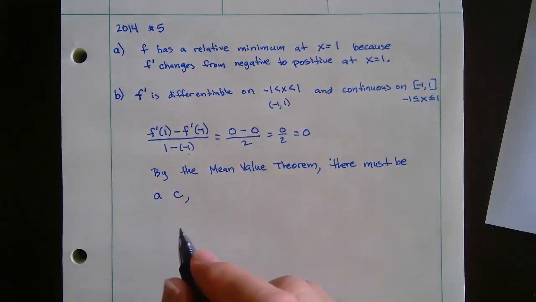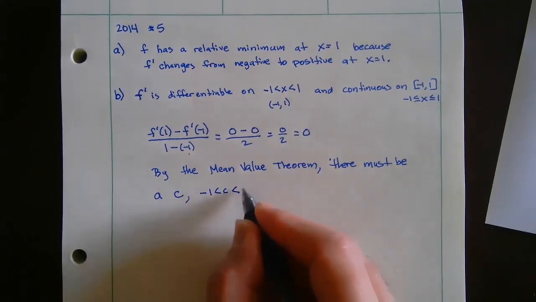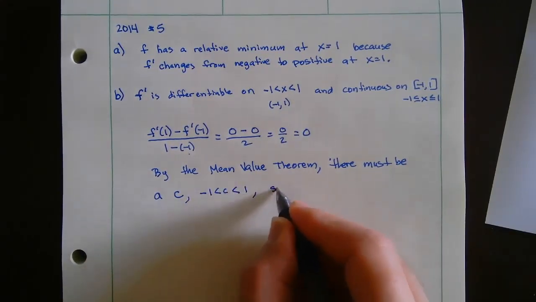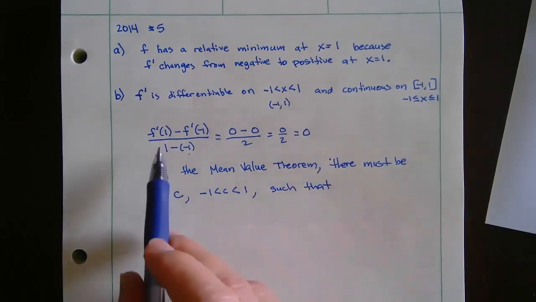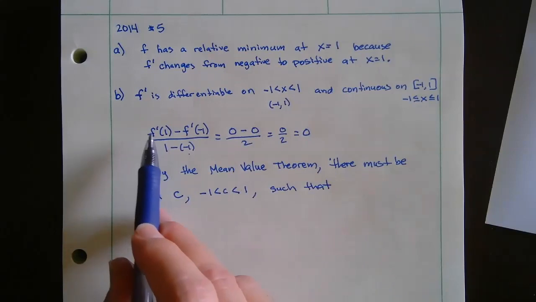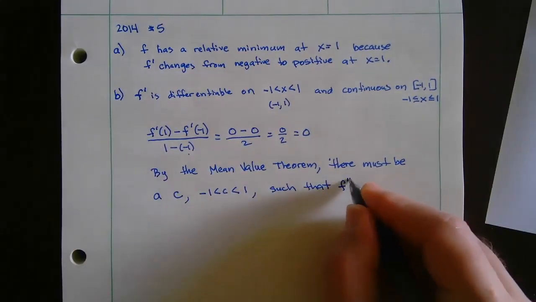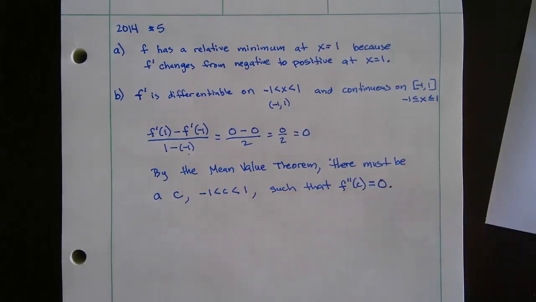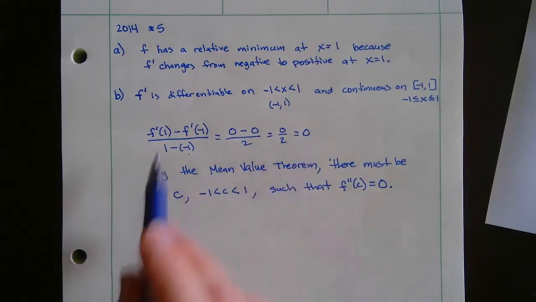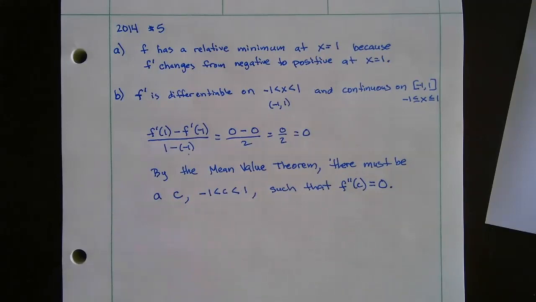Well, the C is between -1 and 1, right? -1 less than C less than 1, comma, such that, okay, so this is the average rate of the derivative of f prime would be f double prime. So such that f double prime of C must equal 0, okay? So one derivative away, it must exist, right? And it must be the same as this. One derivative away from the function we were finding the average rate of change for, okay?